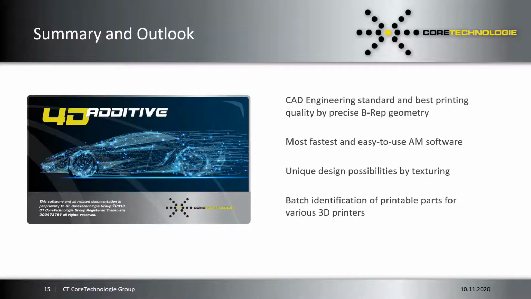And this batch identification of printable parts is also really beneficial if you have a really huge data set, for example on your server, and you want to see which parts are printable based on specific values and attributes, which can be set up before in your process.